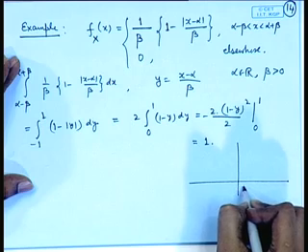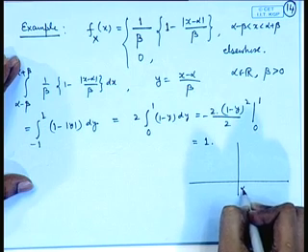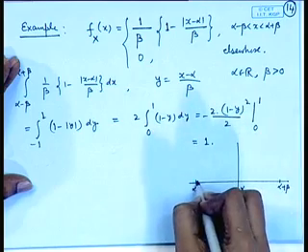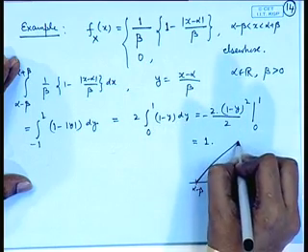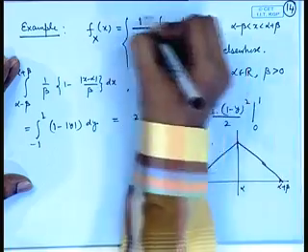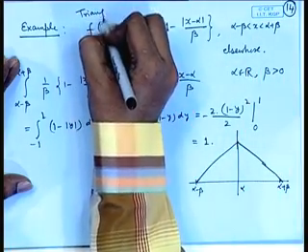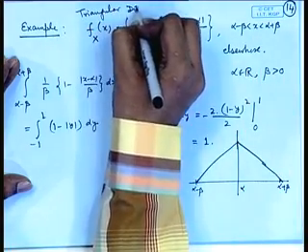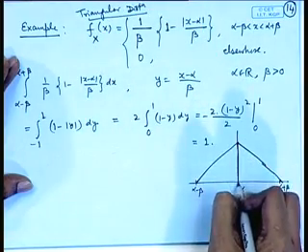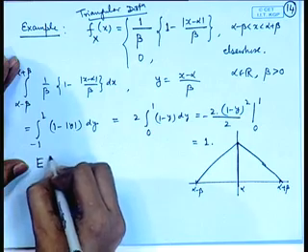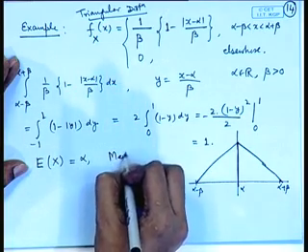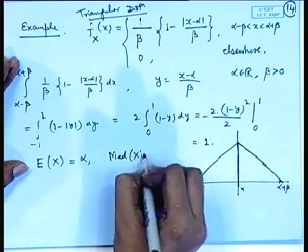If we consider this point as alpha, this as alpha minus beta, and this as alpha plus beta, then the shape of the distribution is triangular. So, this is basically a triangular distribution. Therefore, easily you can see that the mean and median of this distribution must be alpha. The expectation of x must be alpha, and the median of x must be alpha.